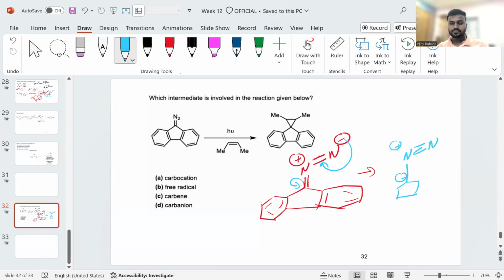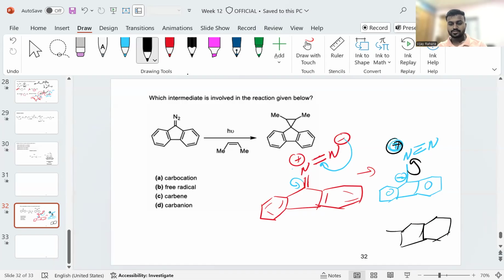So now here we have the nitrogen positive and the carbon negative. But this double bond stabilizes this positive charge. So in terms of the light, this will be eliminated as it is. Now we have one negative charge and one vacant orbital, right? One carbocation. So that we state as a carbene.